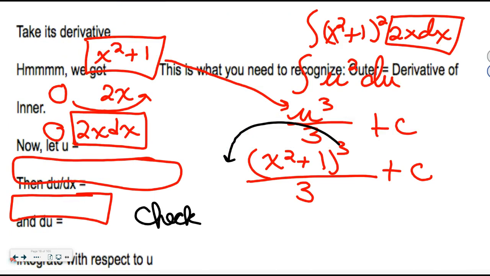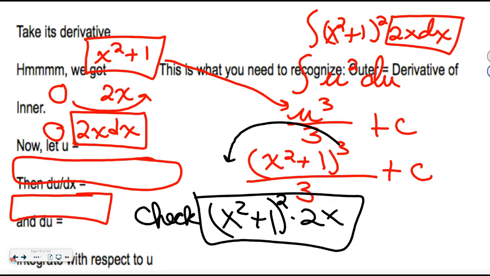So I'm going to end up with x squared plus 1 squared times the derivative of the guts. That was the chain rule, correct? So the u sub is really the chain rule-ish counterpart in integration. It kind of undoes it. So this guy right here, was it my original integrand? Yes, so I know I did it right.